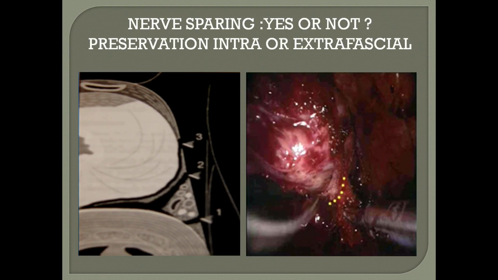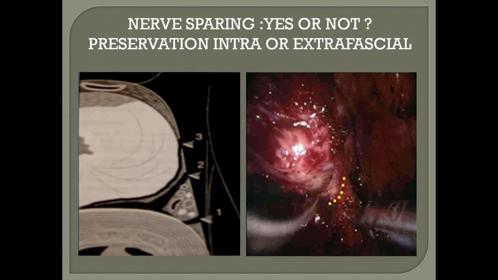For the nerve sparing, it depends on what you choose with your patient before, and it depends also on the biopsy, on the MRI, etc. For example, if it's a very large tumor, you have to do a non-preservative surgery, so you will be at level 1. Most of the time, what we recommend is an interfascial surgery.